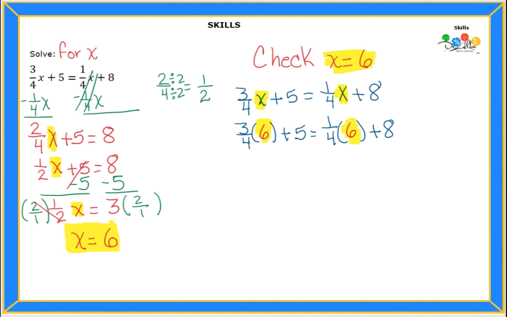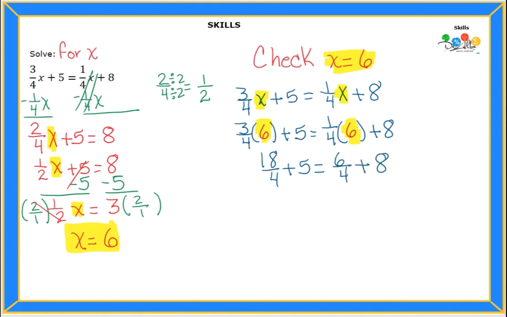So let's continue the problem. I'm going to multiply 3/4 times 6. So 3 times 6 is 18/4 plus 5. And 1/4 times 6 is 6/4 plus 8.